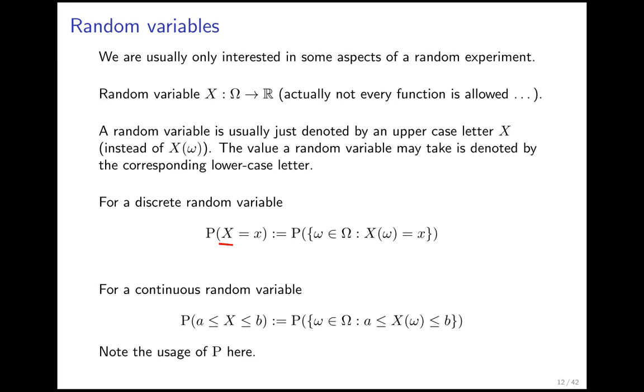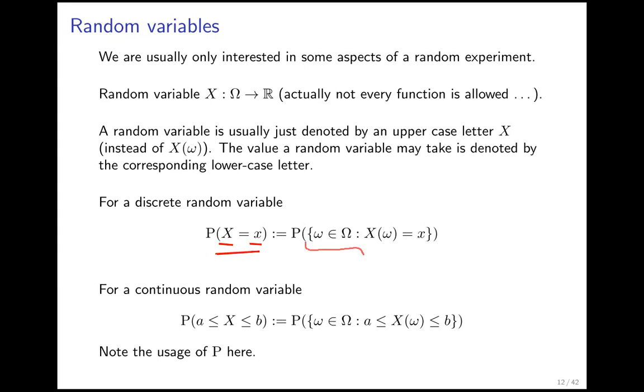And now we want to know whether it's 5, which is the value of this small variable x. And instead of having to make up a probability space for this special question, this is actually just a naming convention for the following event.